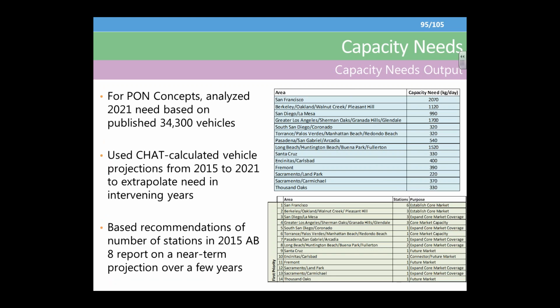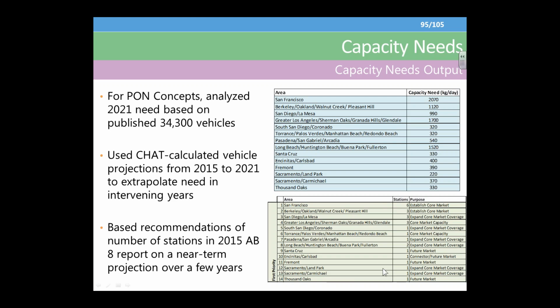We have, from our own analysis with CHIT, all the vehicle projections for the intervening years from 2015 to 2021. And so we looked at those, and so we could figure out how many stations you're going to need in each of those years. And then we looked out over a shorter horizon, 3 to 4 years, to determine how many stations we reported are needed in the AB8 report.